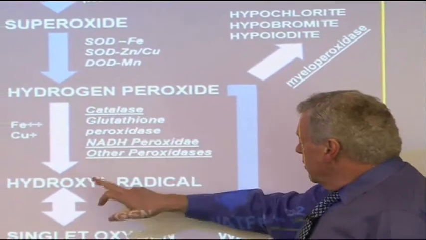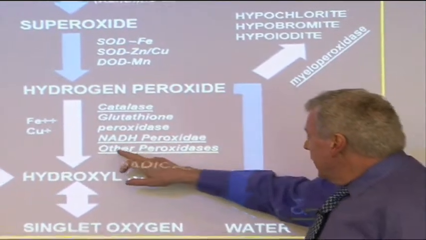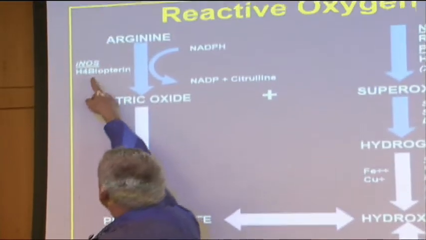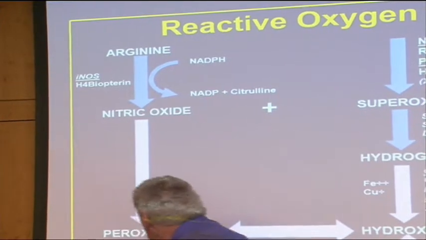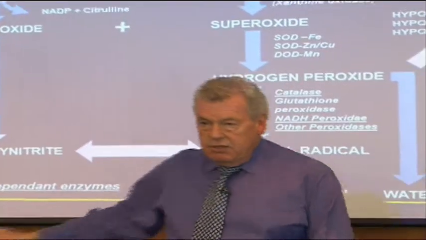Catalase, which reduces hydrogen peroxide. NADH peroxidase, other peroxidase enzymes. Nitric oxide synthase, underlined. These are all heme-dependent enzymes. That means when we make hemoglobin, before we make hemoglobin, we make heme, which then has amino acids added to make the globin part. So these are all heme.